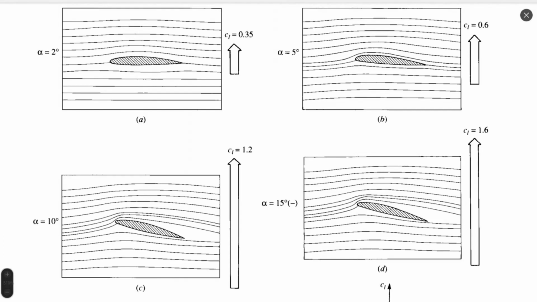Now let's take a look at flow patterns for various angles. First, these 4 figures show us flow starting from 2 degrees angle of attack, figure A, where the lift coefficient is relatively small, 0.35. Such a small flow inclination is almost invisible on figure A. It looks close to the horizontal initial flow direction.